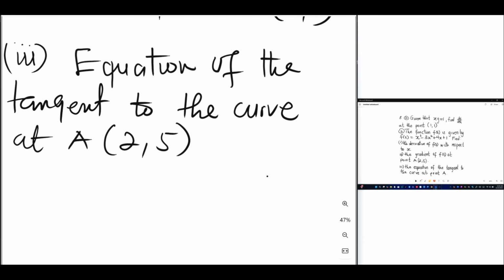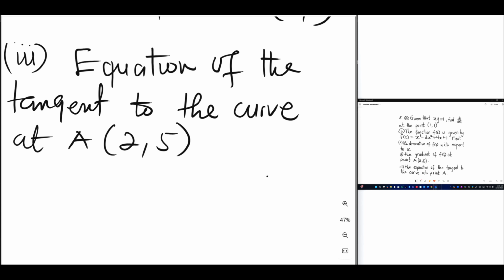So how do you find the equation of a straight line? A tangent is always a straight line that touches a curve at only one point. Okay, touches the curve once. So you use the formula for finding the equation of a straight line for that of a tangent.